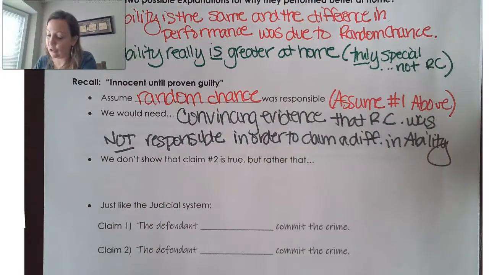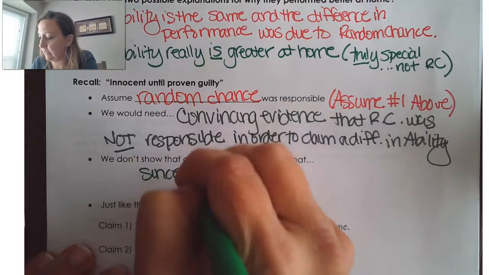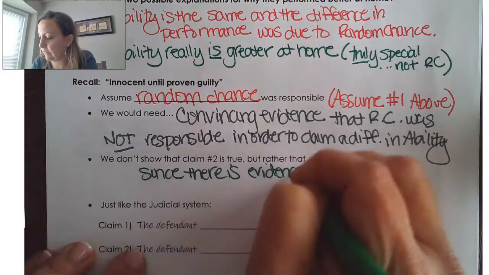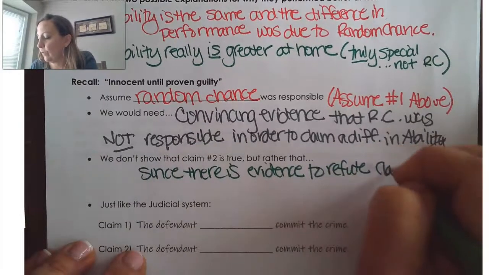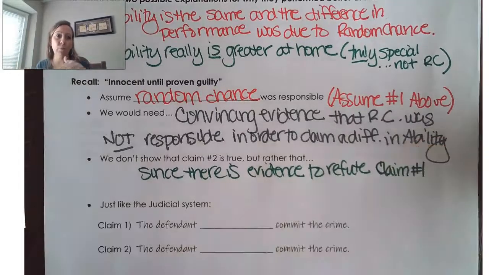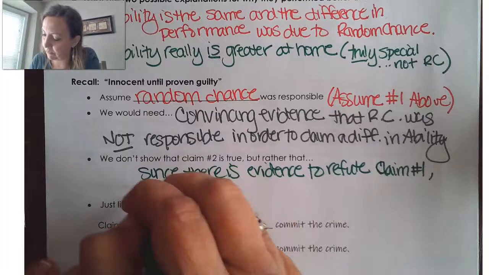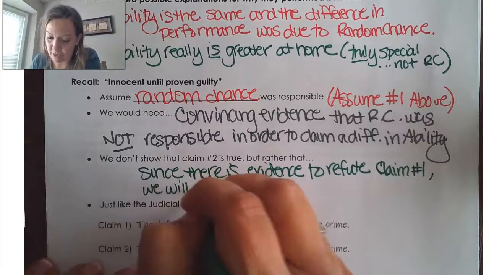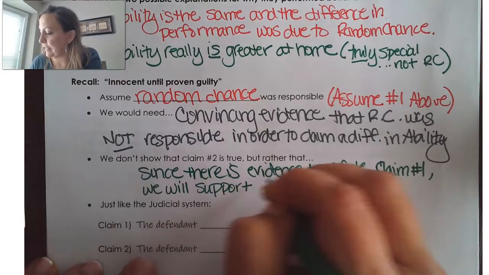But what we do is we show that since there's evidence to refute claim number one, because there's going to be evidence to say that claim number one isn't feasible, we will support claim number two instead.